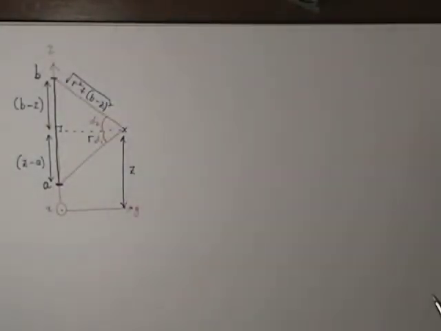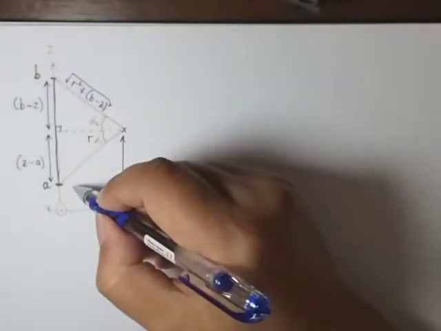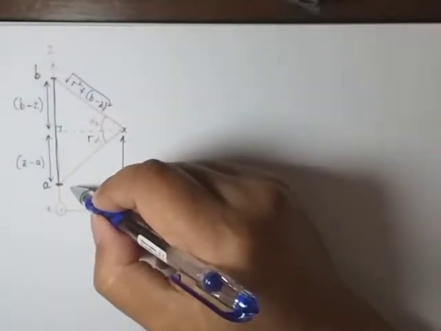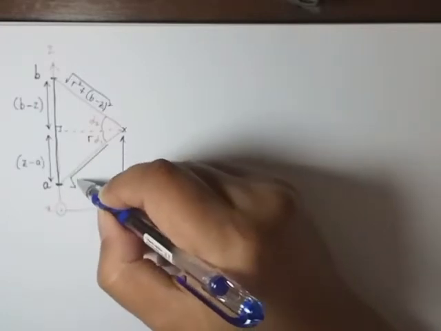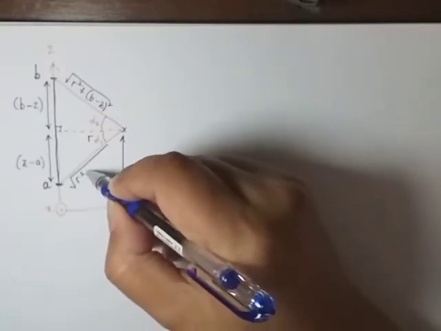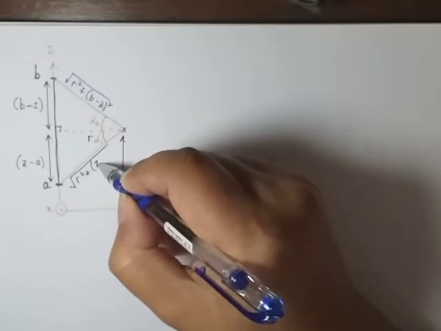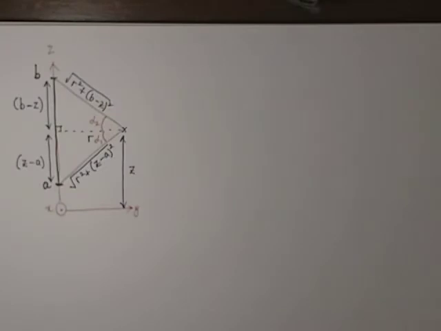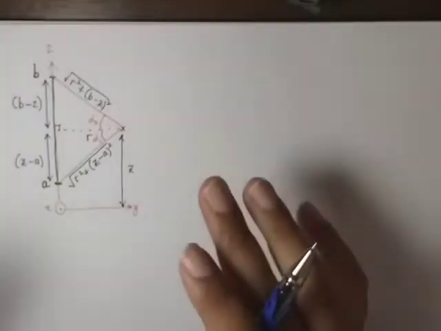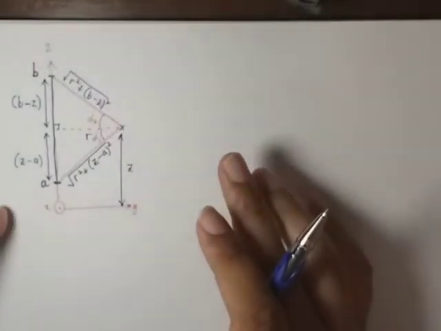And finally, this particular side of the triangle should be given as the square root of r square plus z minus a square. So we have already labeled all the relevant sides of our triangle. This is the two-dimensional representation of our line charge.